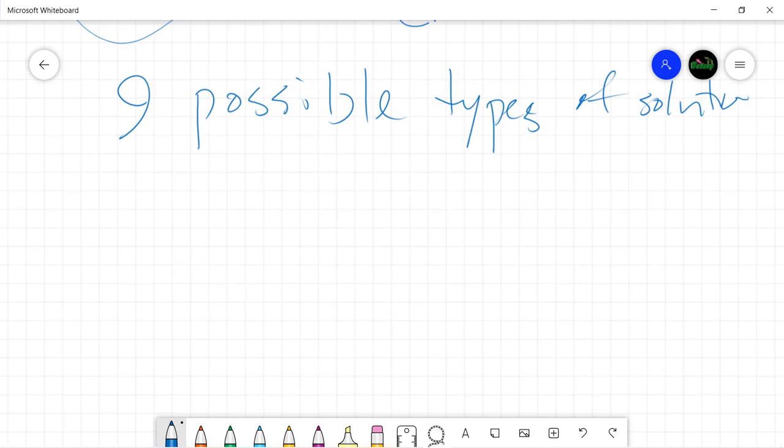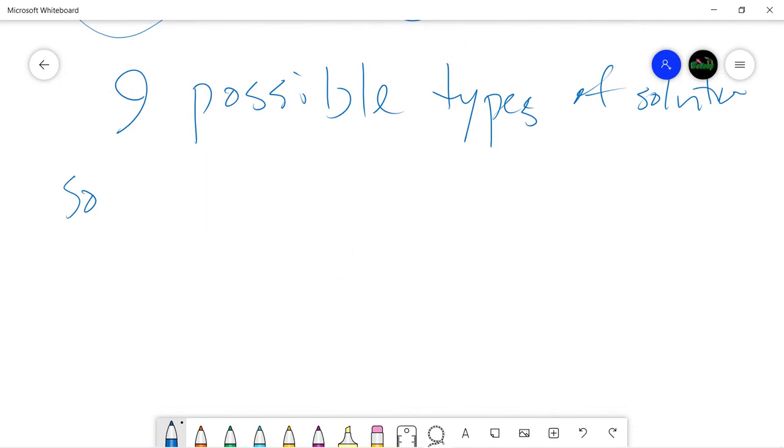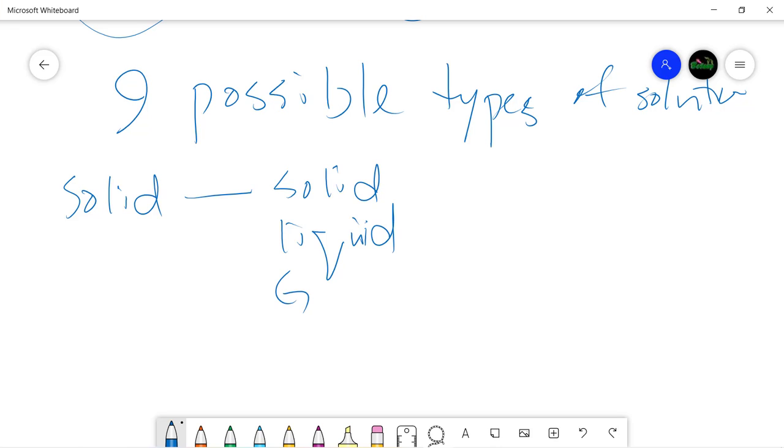So if we take for example solid as a solvent, then we have solid in solid, and then we have liquid in solid, and then we have gas in solid.